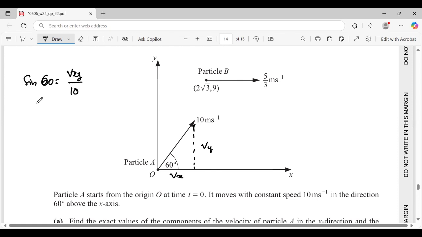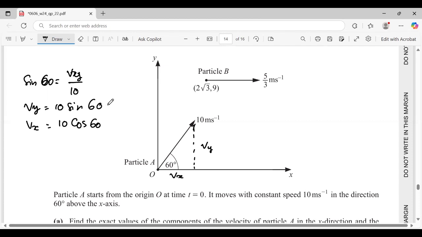So it means y equals 10 sine 60 and x equals 10 cosine 60. So there are two components, y and x.